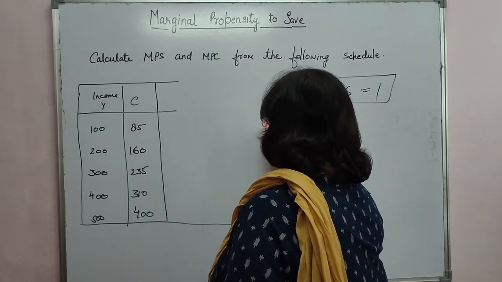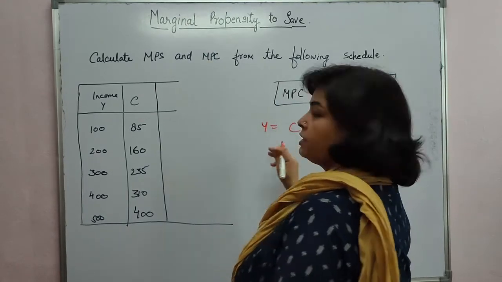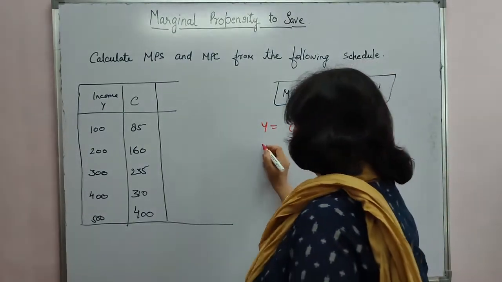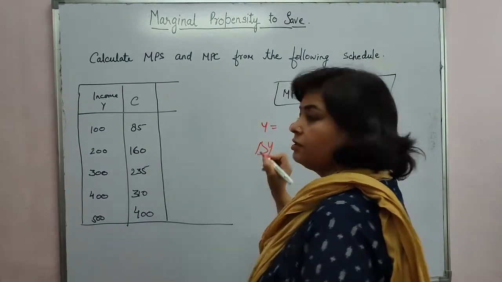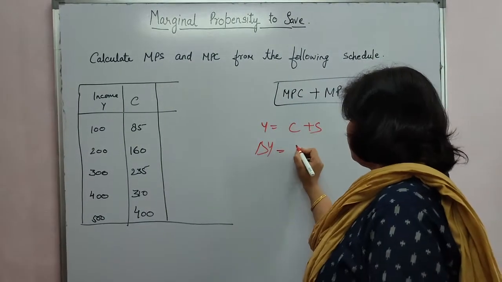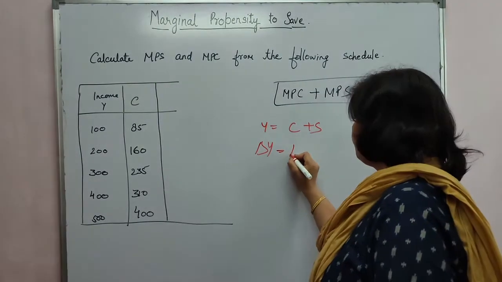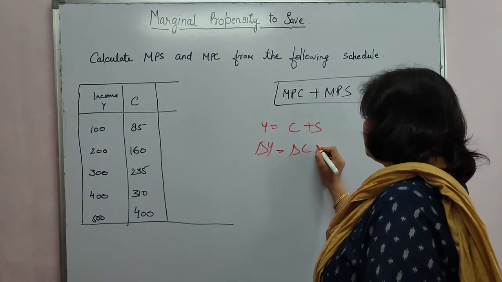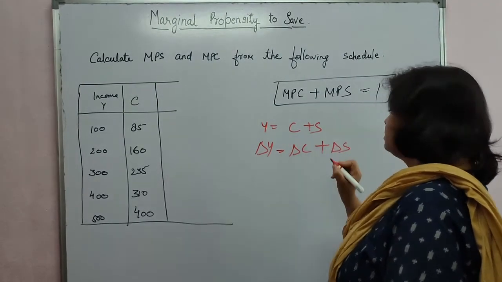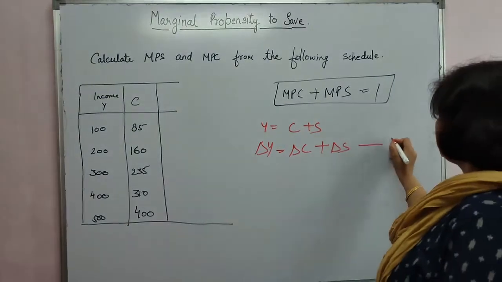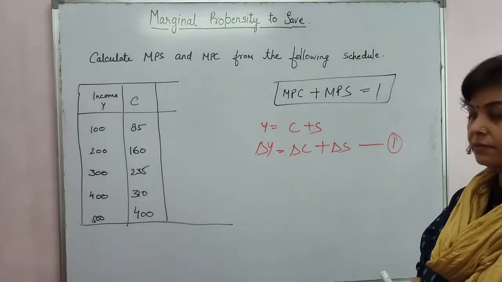We know that Y is equal to C plus S. Now if there is a change in Y, it will be the sum of change in consumption plus change in saving. This is equation 1.